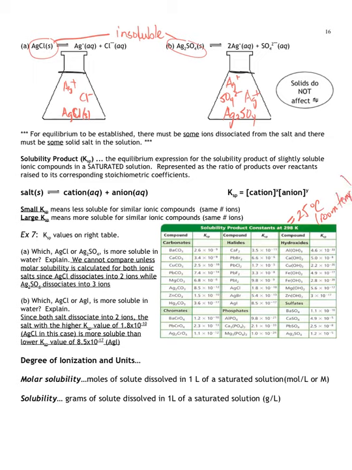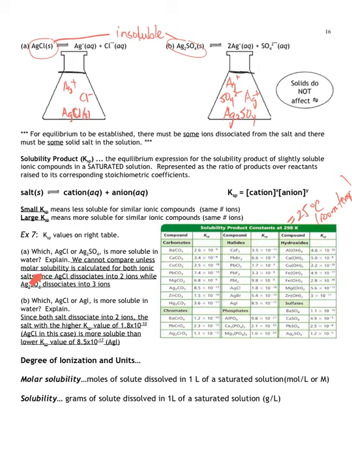All right. So the first question is, which salt, silver chloride or silver sulfate, is more soluble in water? Explain. And recall that we're talking about the same number of dissociated ions, and these do not offer the same number of dissociated ions. One has 2 dissociated ions, the other one has 3 dissociated ions.